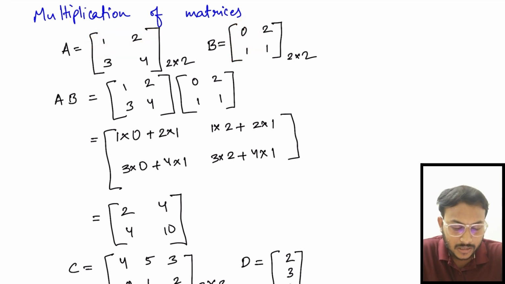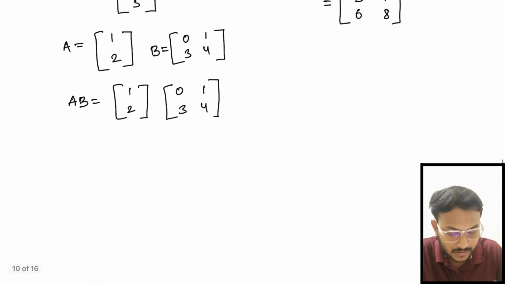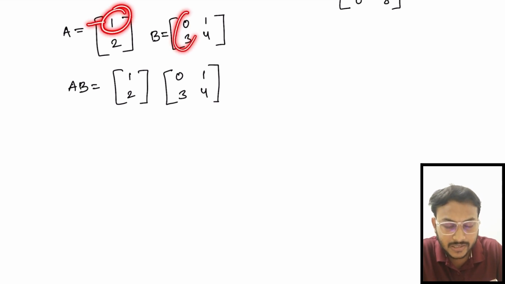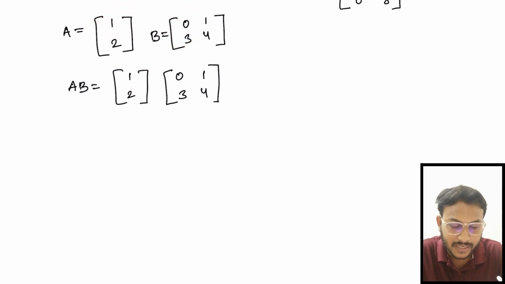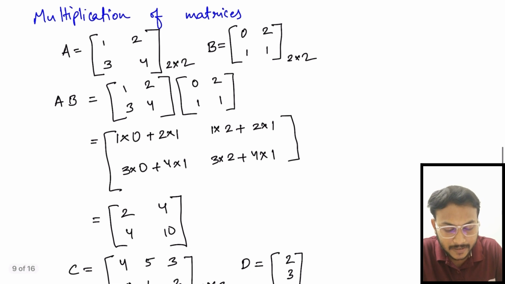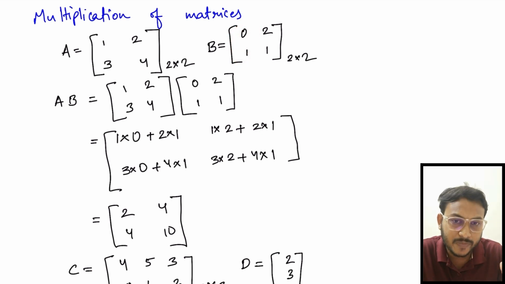Okay, should be equal for the multiplication of matrix. If not equal, such as this case, in which the row has only one element but the column has 2 elements, we cannot multiply. So to multiply two matrices, the number of elements in the row of first matrix and the number of elements in the column of second matrix should be equal.